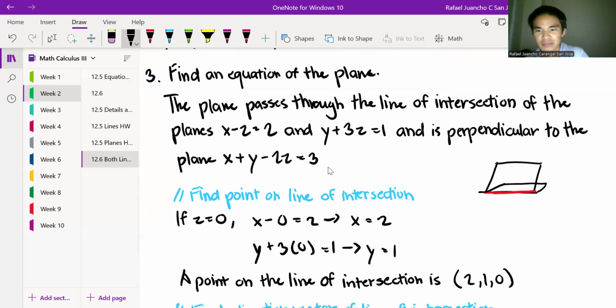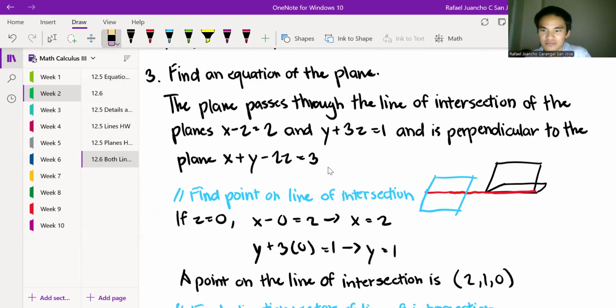So I could say this line continues. I think our plane could be like here.